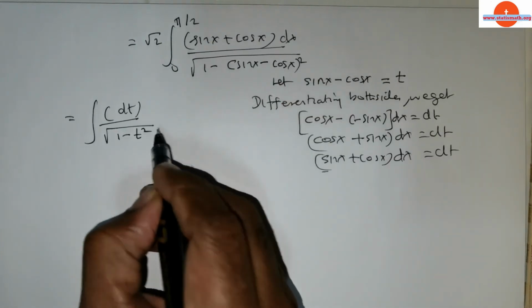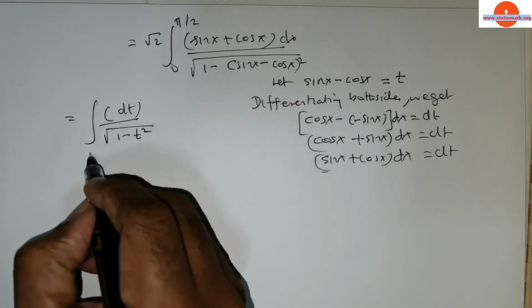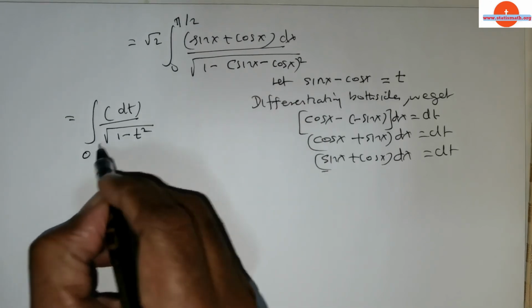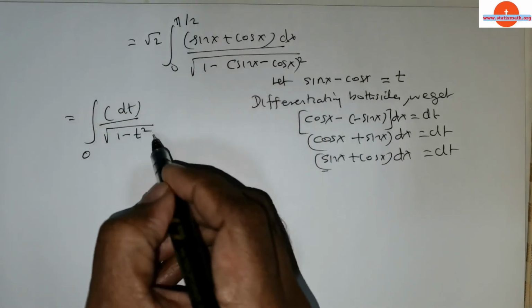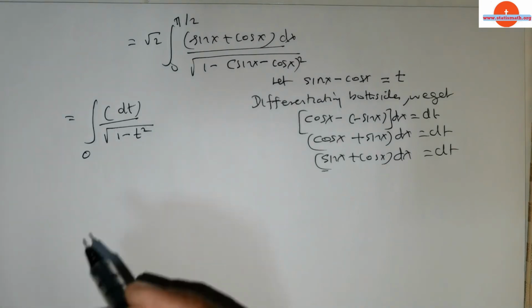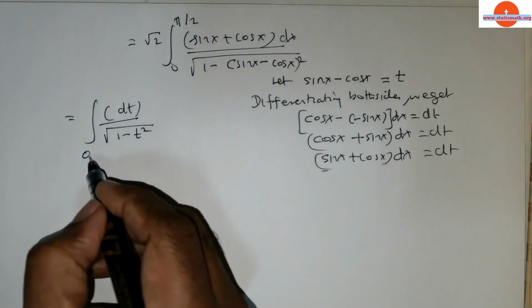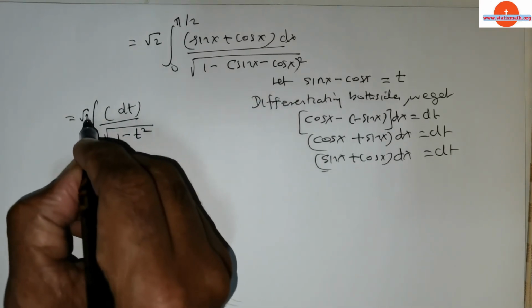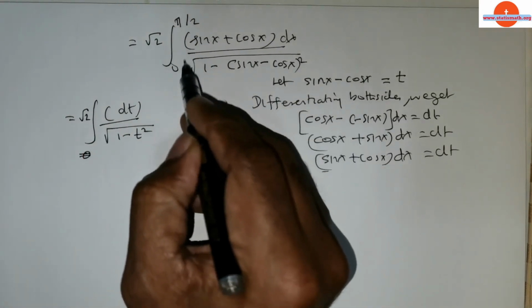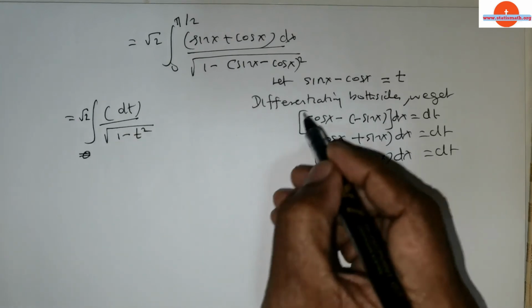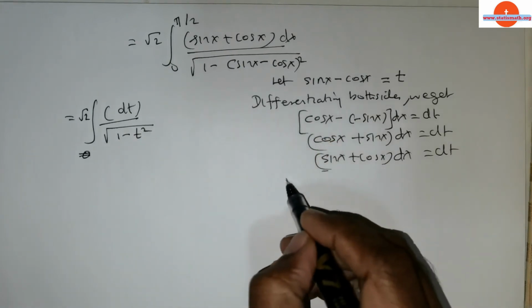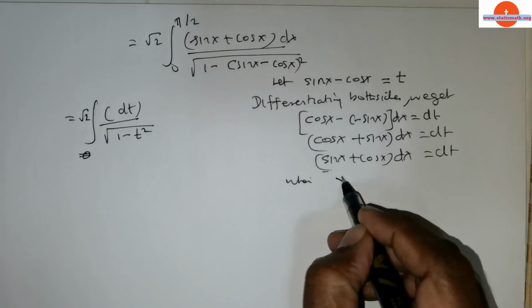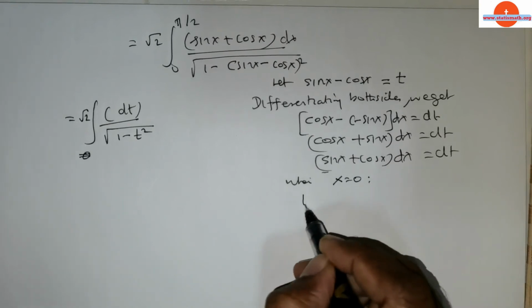I got a square here, so place a square. So the limits are 0 to pi over 2, but we have to change the limits. So what I would do is I would not place 0 here. Let me place the limits now for t. So when x is equal to 0, what happens to t?